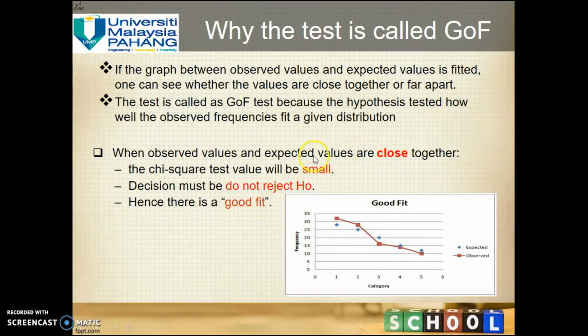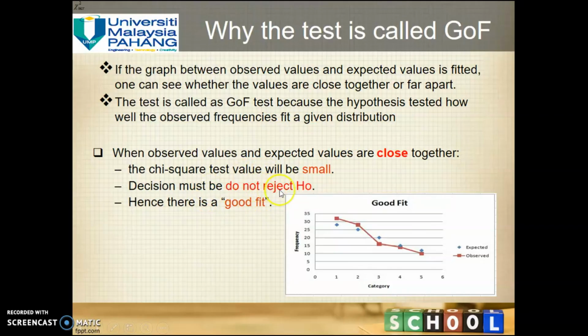How do we know they are close together? When the chi-square test value is small. We do not have a range of values for the chi-square to say that it is small. We know that we have a small value when the decision in step 4 is do not reject H0.